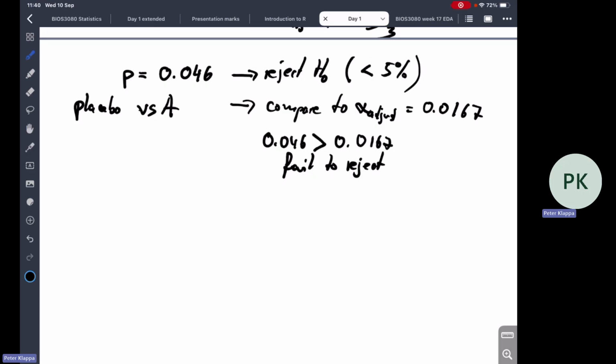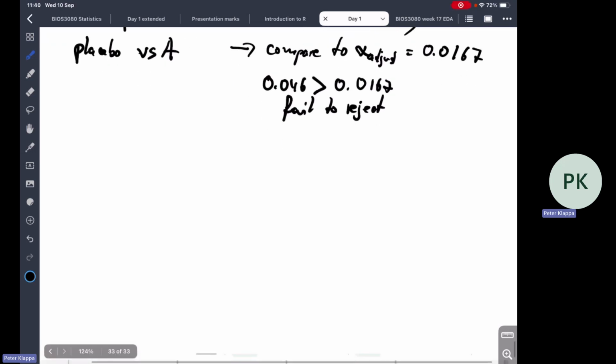But when you have more samples that you want to compare, so placebo, A, B, and C, you get more comparisons, right? How many do you have if you've got 4 samples to compare? First with the second, first with the third, first with the fourth, second with the third, second with the fourth, third with the fourth.